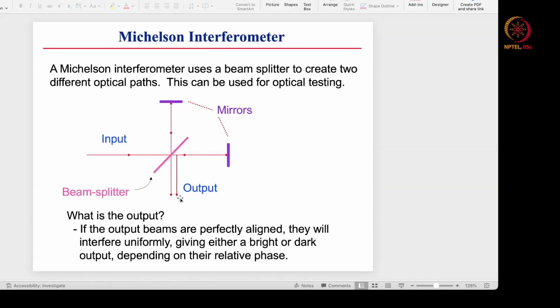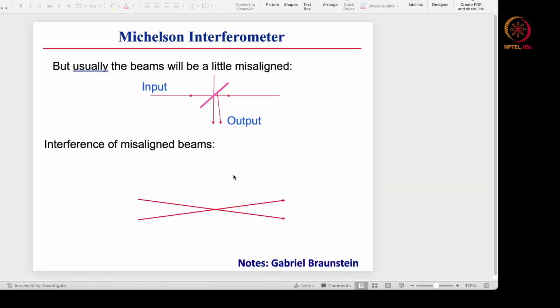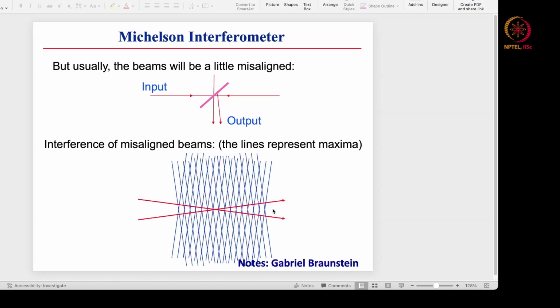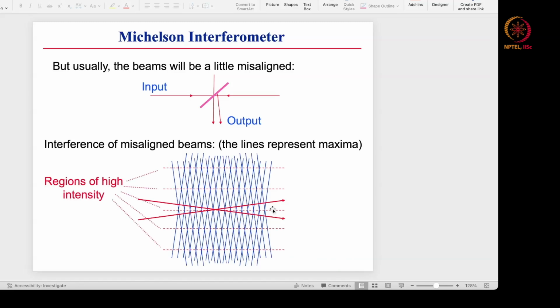So these two mirrors are at two different path lengths, essentially. But usually the beams are a little bit misaligned to begin with. So this is the input, and this is the output. Interference of misaligned beams, we already know. These are the beams whose lines represent the maxima, and this is the other beam, which leads to the lines with maxima.